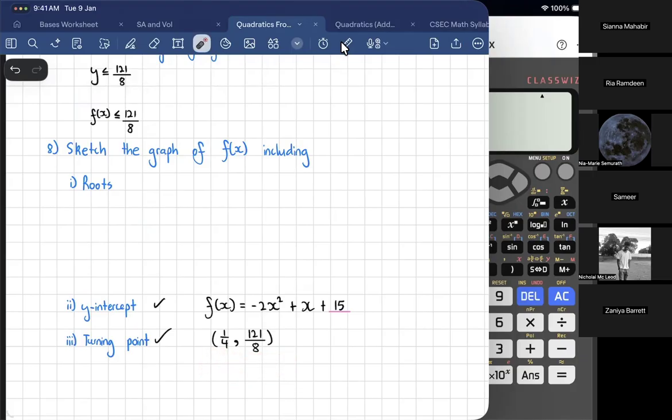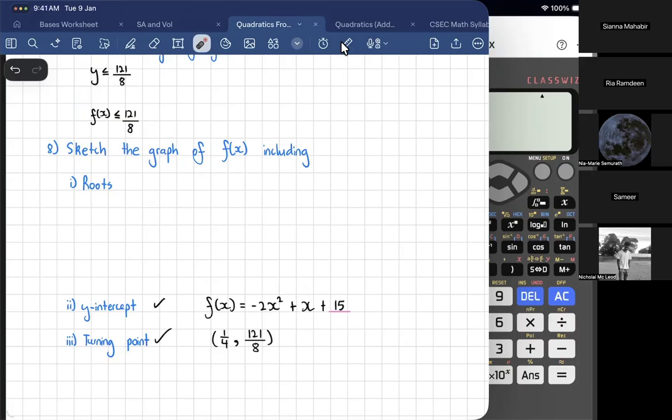At the x-intercept, what is the y value? Does anybody remember what the y value is at the x-intercept? The y value is 0 at the x-intercept. Yeah, at the x-intercept, the y value is 0.